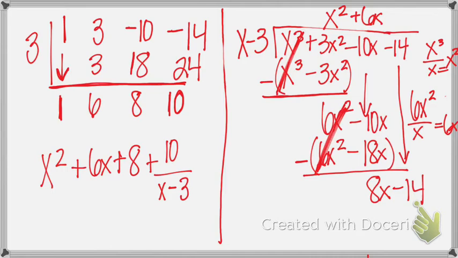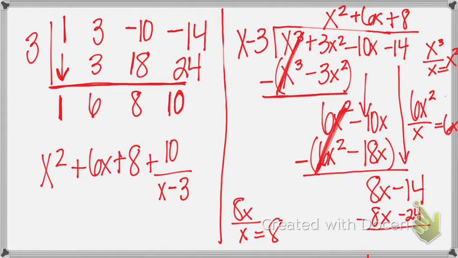So here, you should have said 8x divided by x, and you should get what here? 8, right? So your 8 goes up here. All right, then 8 times x is 8x. And then 8 times the negative 3 is negative 24.